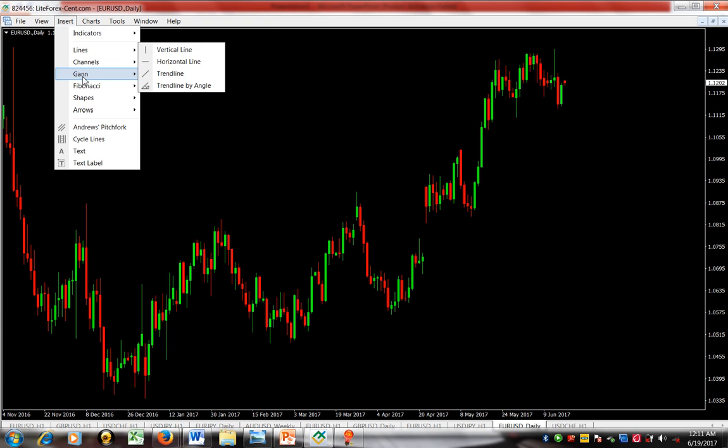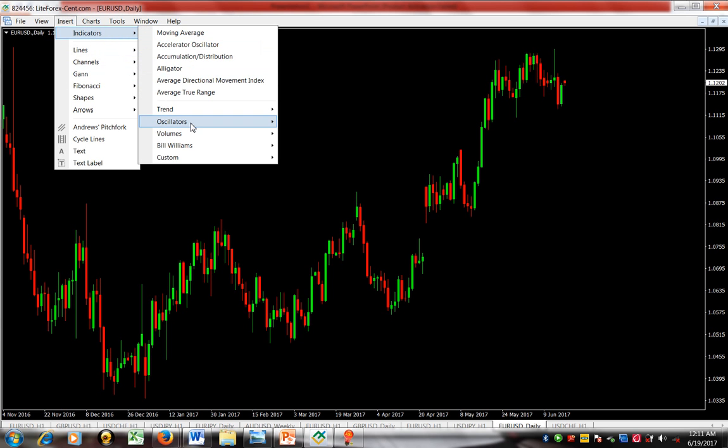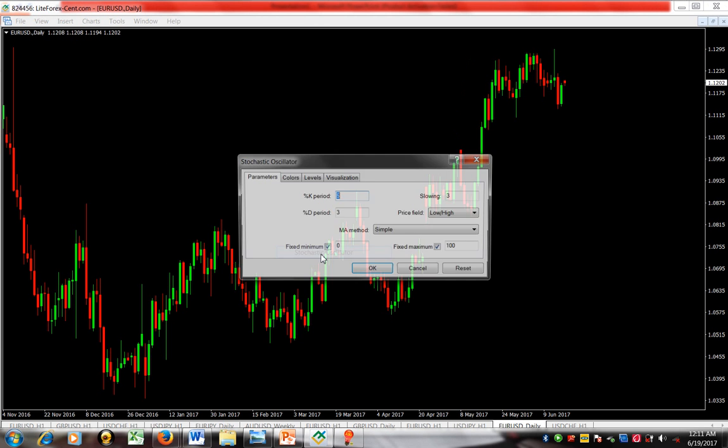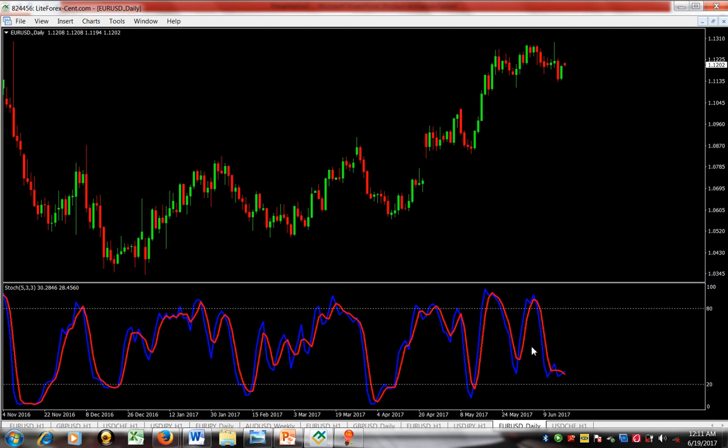What we have to do is put the stochastic indicator. It's fixed already. Now the trend is up here. What we are looking for is an oversold region, because we want to buy low. This is definitely an uptrend, so we want to buy low. So we are waiting for a region.